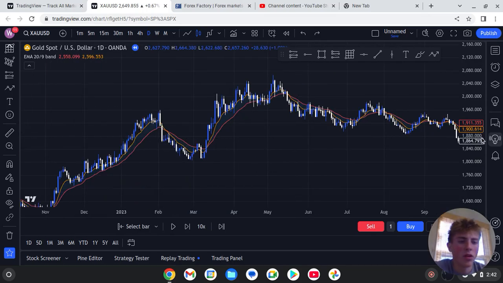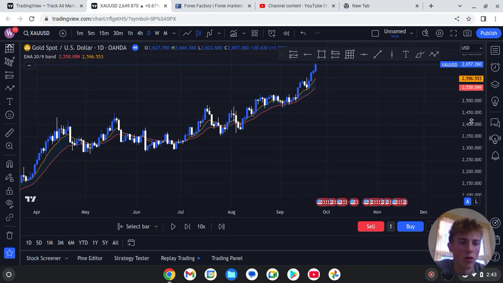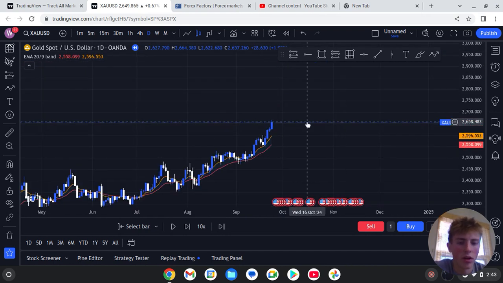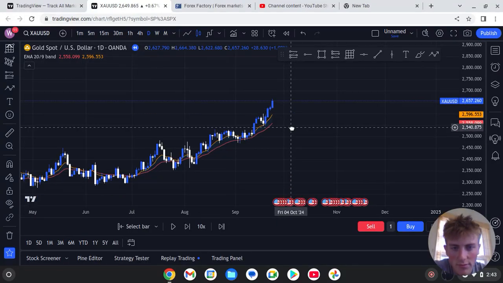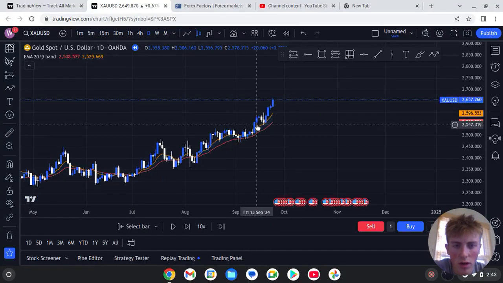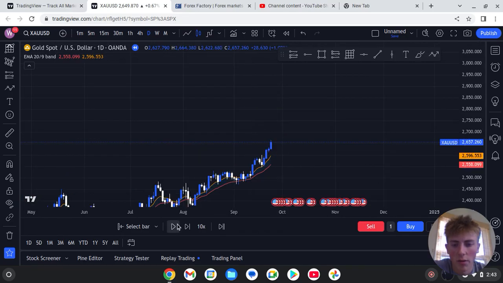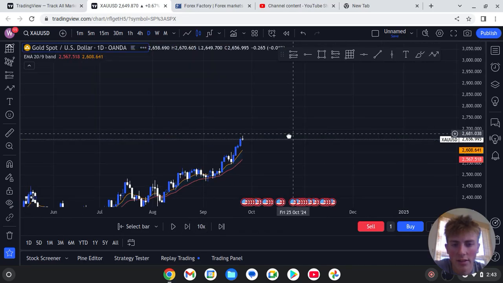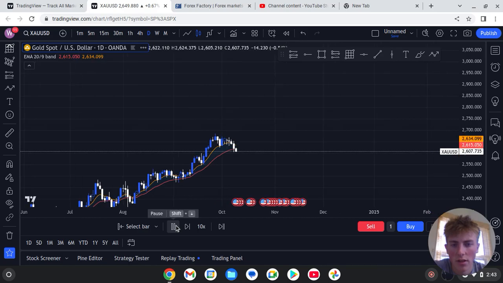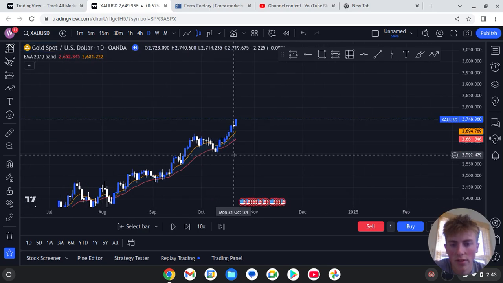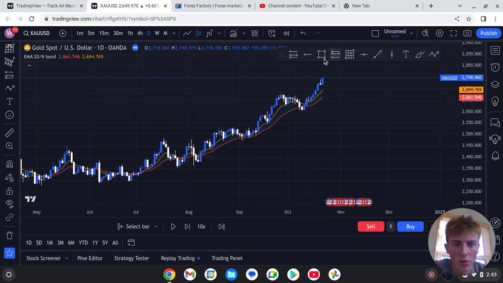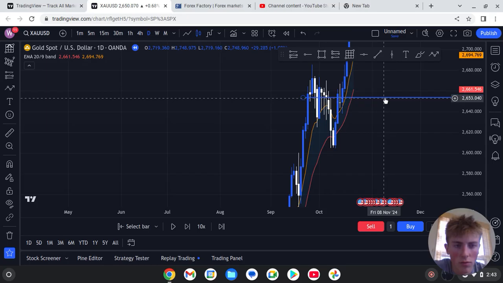And the only reason your bias would flip is if a higher low becomes a new lower low. So if price broke below this low, then the trend would switch. As you can see right here, we're moving up, and I'll just play it. Moving up. Even just here, price broke below that recent low.